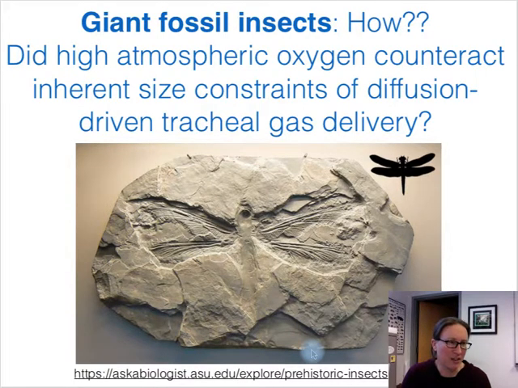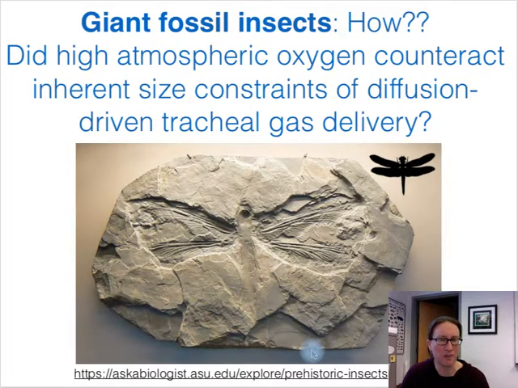So in general, if animals are just relying on simple diffusion to get oxygen to tissues, it seems very unrealistic for that to be possible in an insect with a really large body size. How can something with a 3-foot wingspan just be using simple diffusion to obtain oxygen and get rid of carbon dioxide?